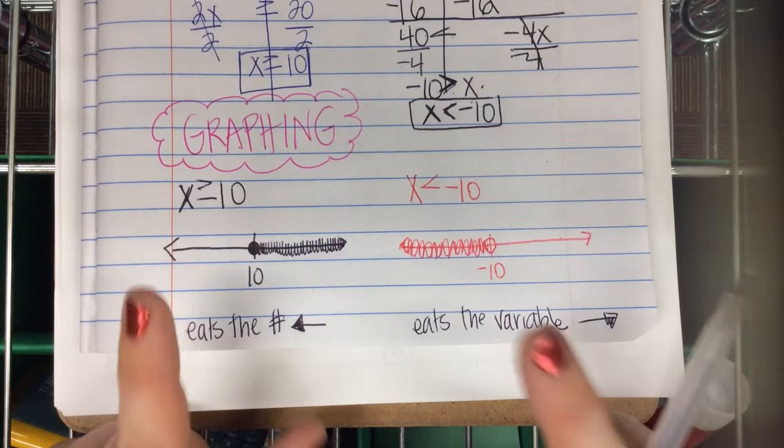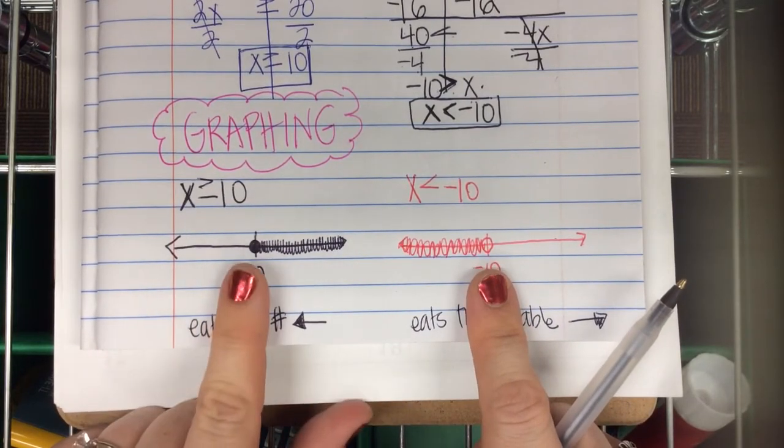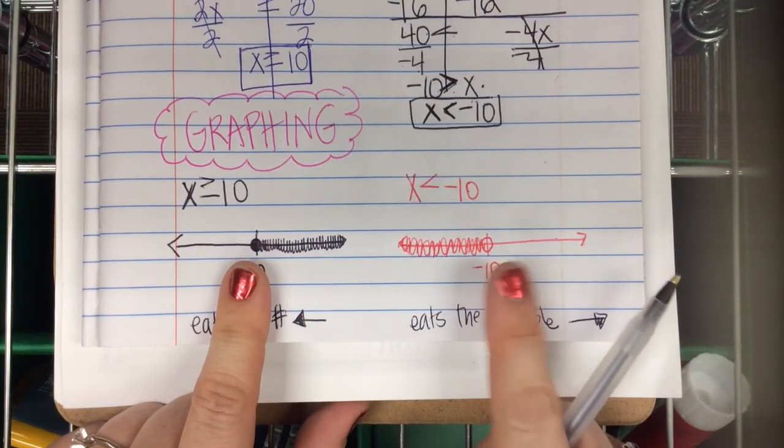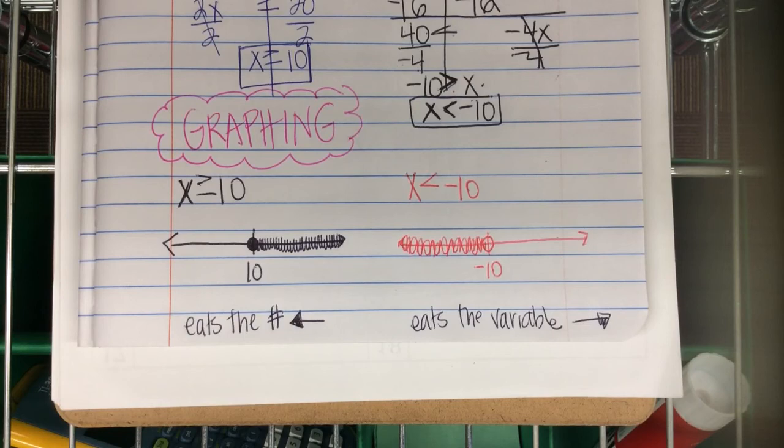When do you put a closed dot and when do you draw a fence? What's the difference between a closed dot and a fence around the number, an open dot? What's the difference, Max? Sam?